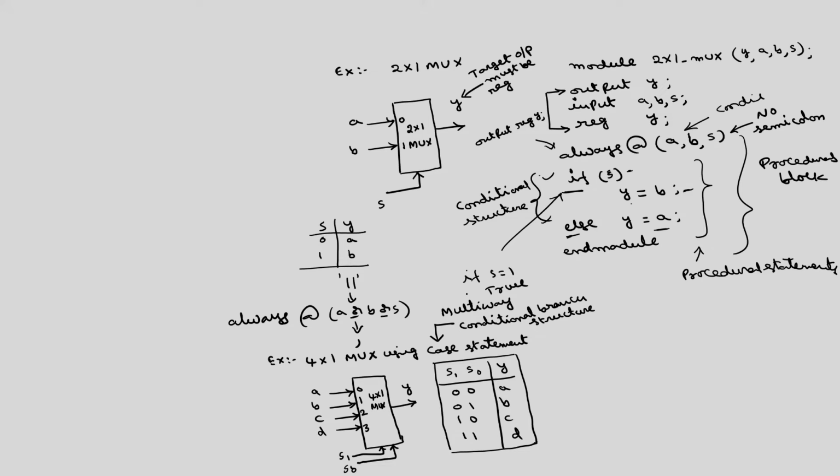Here, S can be 0 or 1, only one possibility, whereas now we have 2 selection signals, so there are 4 possibilities. So, this is called a multi-way conditional branch structure. Okay. So, module 4/1 mux, output is Y, inputs are A, B, C, D, S1, S0.